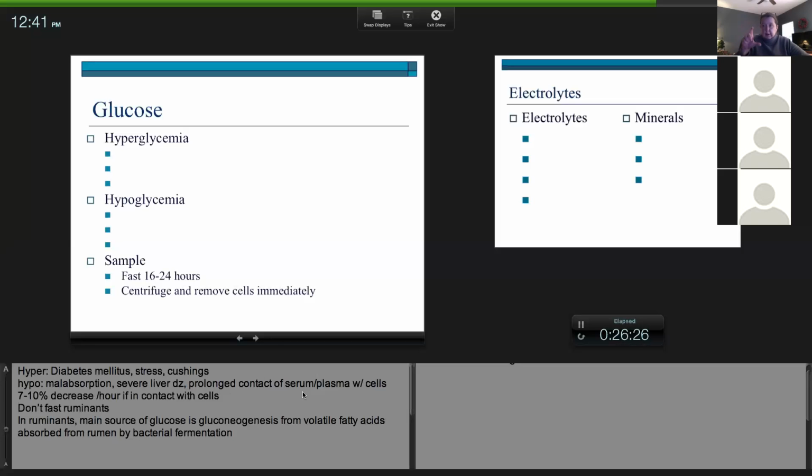If you guys leave out a tube, like you draw it in the morning, you go into surgery, you go to class, and that evening you're like, oh, I got to run my chem panel, and that tube's been sitting there. Remember, the cells in the clot can consume the glucose from the serum, and that can cause a hypoglycemia.